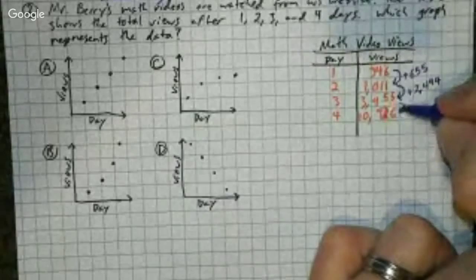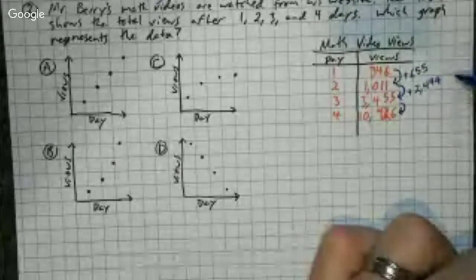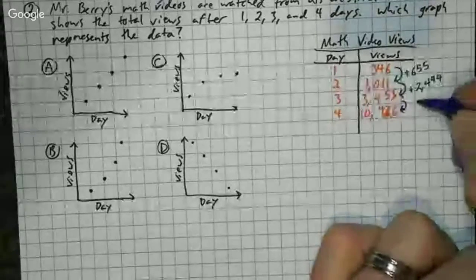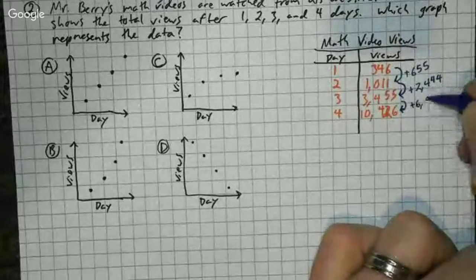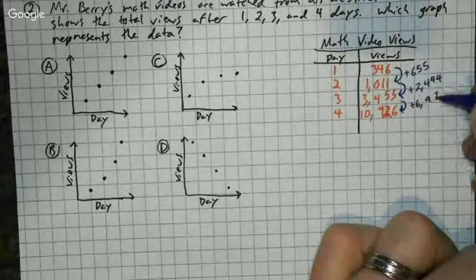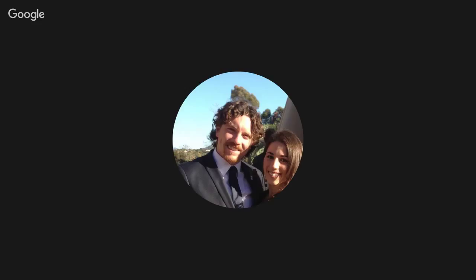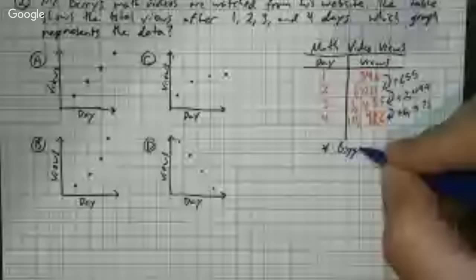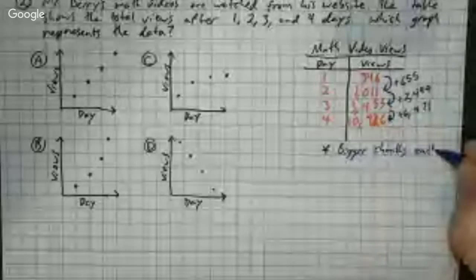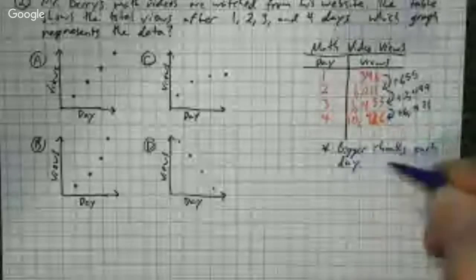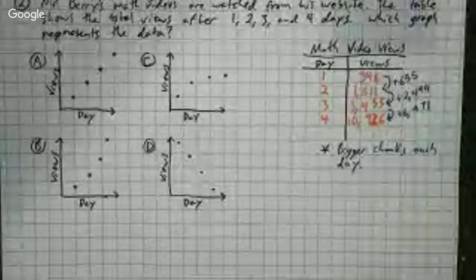And from day 3 to day 4, we get 6,907. So we get a bigger chunk of views each day.